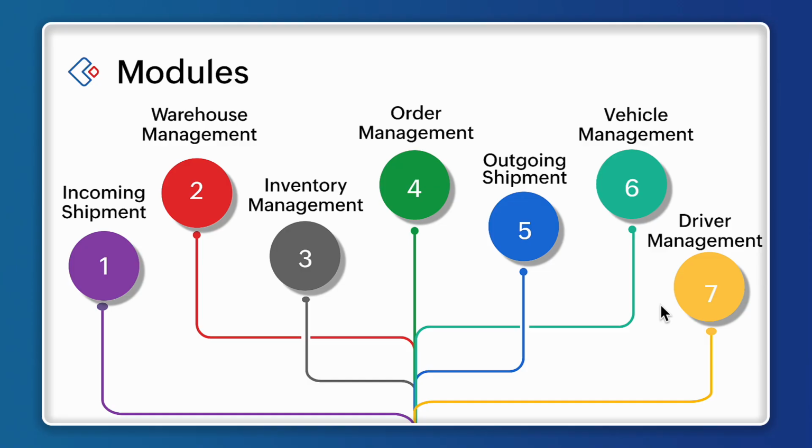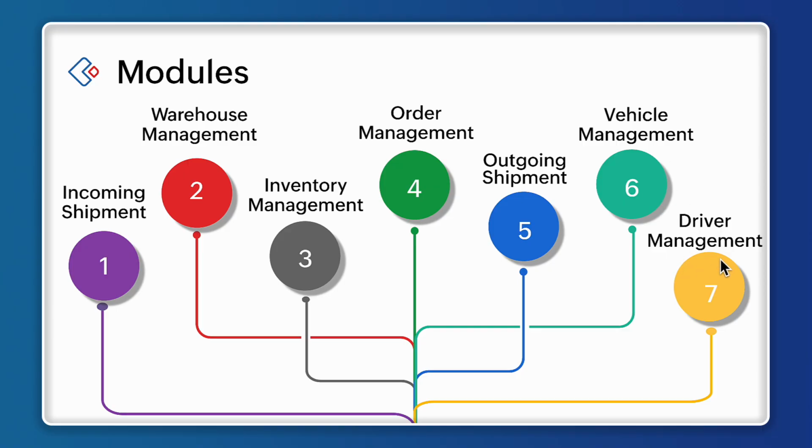all the products, the order management, where the customers will be placing the order, and the outgoing shipment, where the order is fulfilled, right? The employees will be packing the orders, and once that is done, it goes to the vehicle management, where the transportation team will take over the charge.